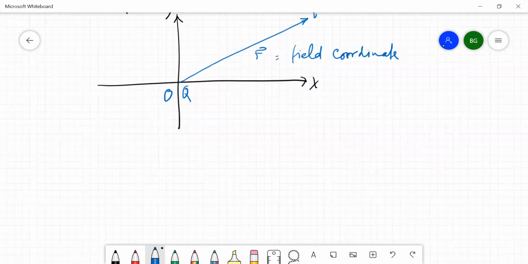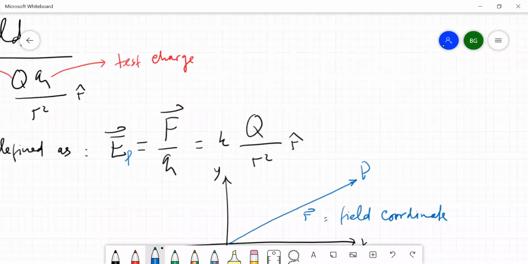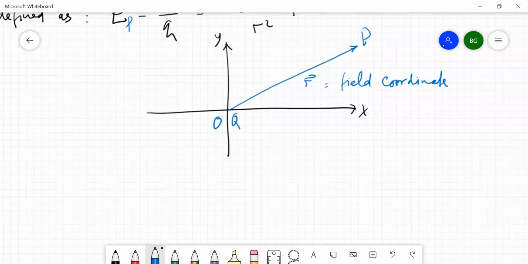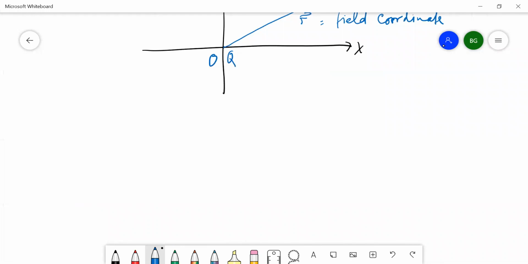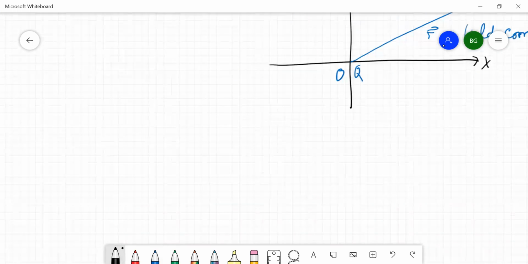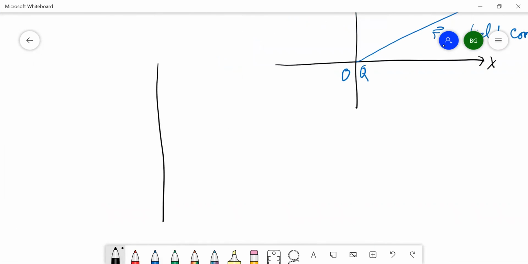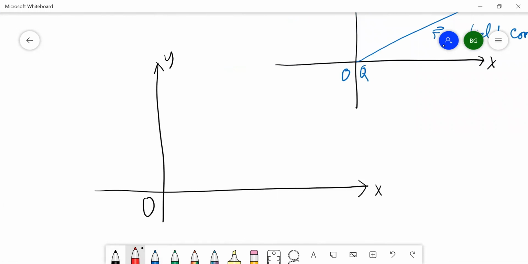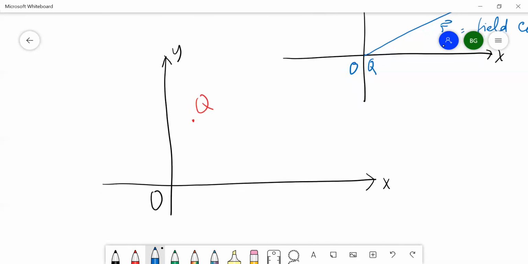So in general, if we have a charge, this is x, y, this is O, but the Q here you can take anywhere.